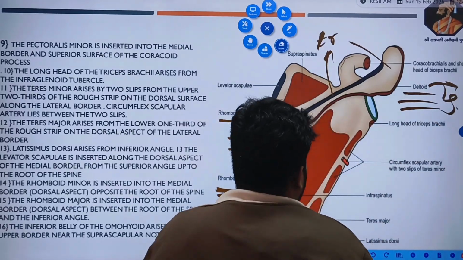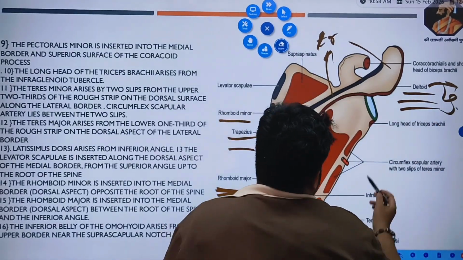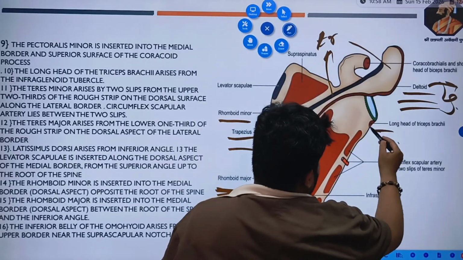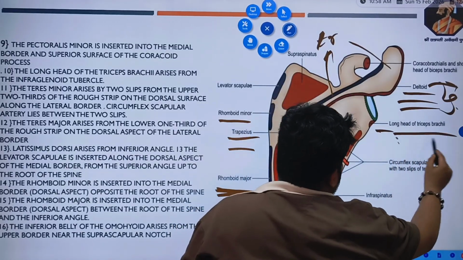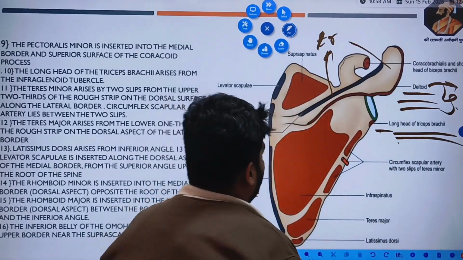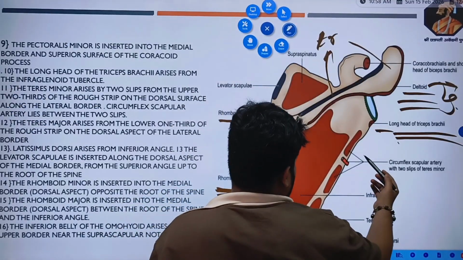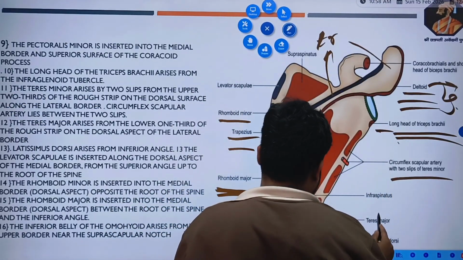Now at the lateral part, at the infraglenoid tubercle, there is the long head of triceps brachii. Below this there are also many muscles.